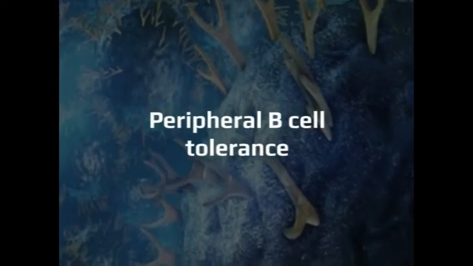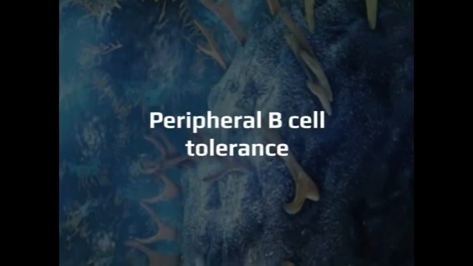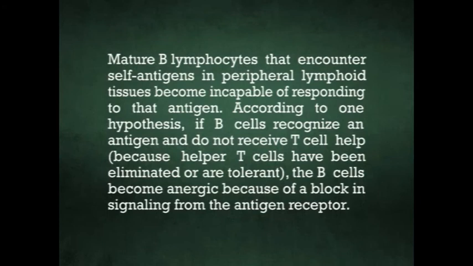Now let's see peripheral B cell tolerance. Mature B lymphocytes that encounter self-antigens in peripheral lymphoid tissues become incapable of responding to that antigen.